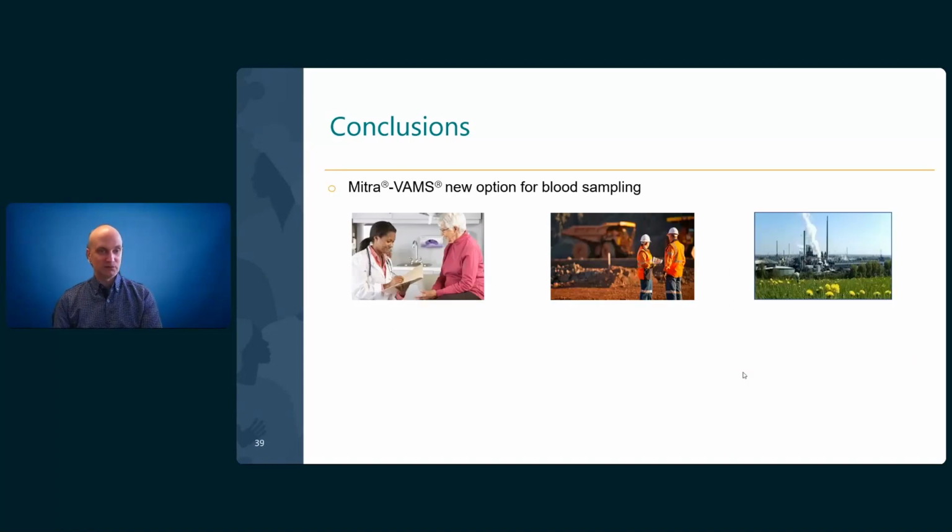With this in mind, obviously, Mitra VAMS devices become an option for blood sampling in different contexts, either a clinical one for a regular checkup by physicians, or a workplace scenario where we need to follow up and ensure screening of workers, but also in biomonitoring and biosurveillance studies related to environmental contamination, such as surveys across the country.